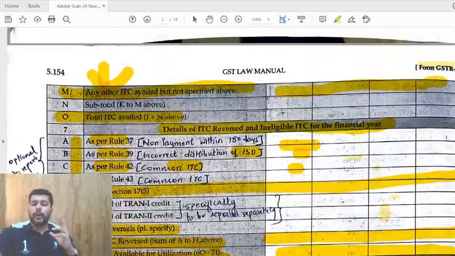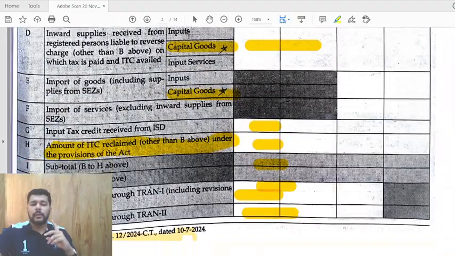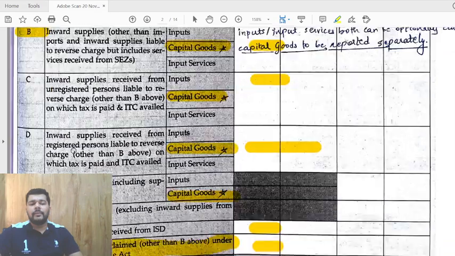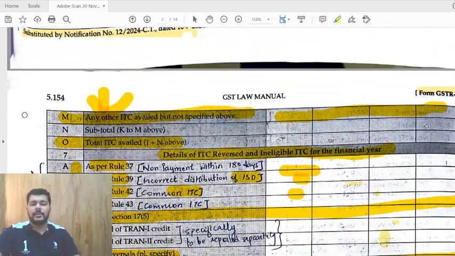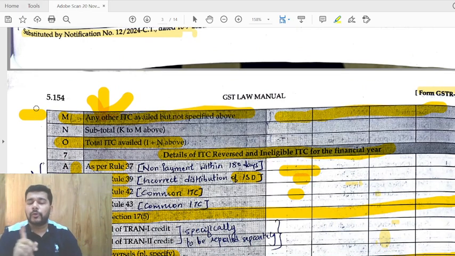Now I would want to answer that particular point which I said earlier: why I said that in 6M I want to put in the data of FY 22-23, because it came in my 3B but was not a credit pertaining to 23-24.